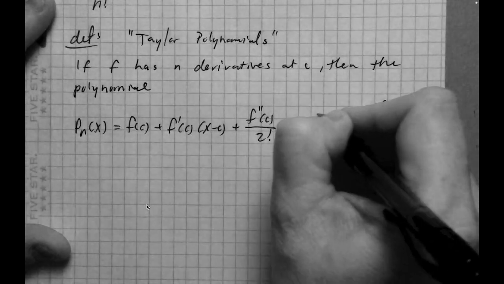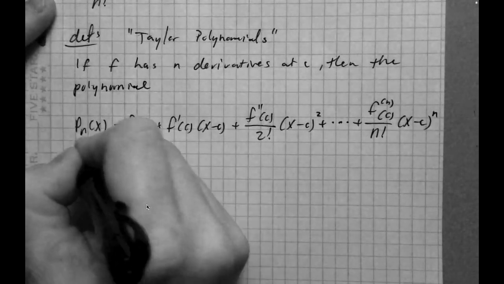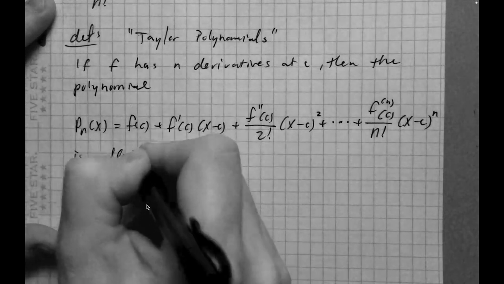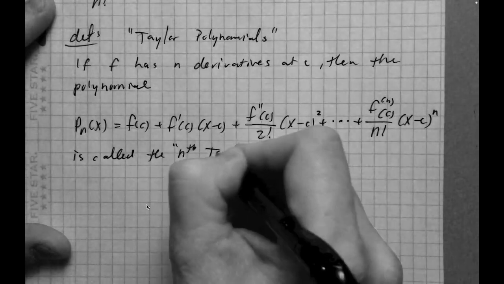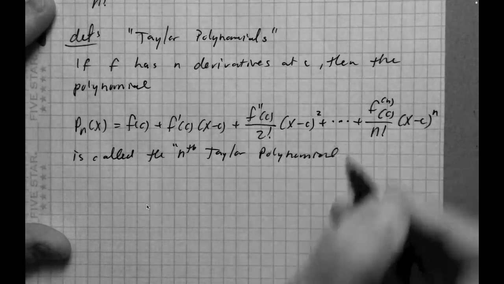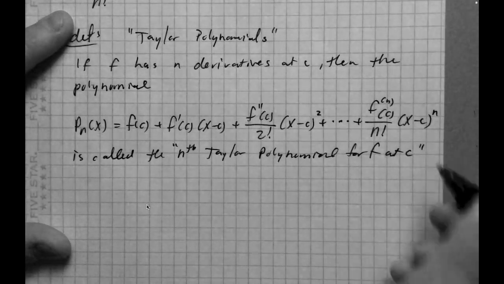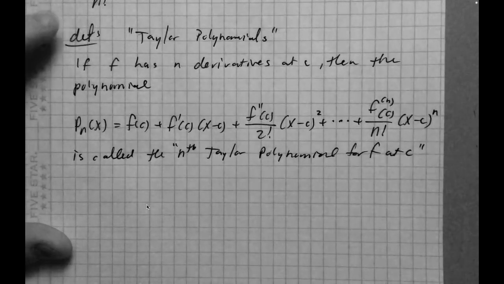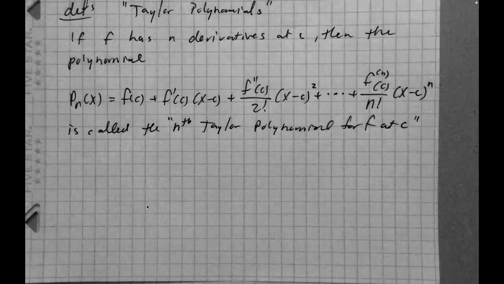Sorry, the earlier term should be squared. This is called the nth Taylor polynomial for f at c.